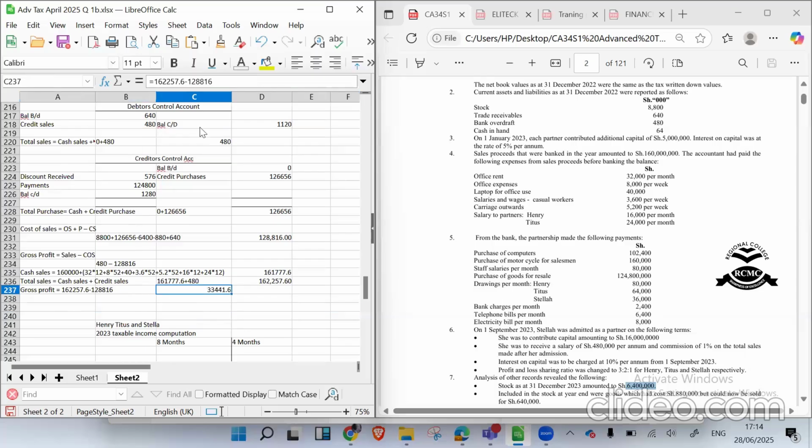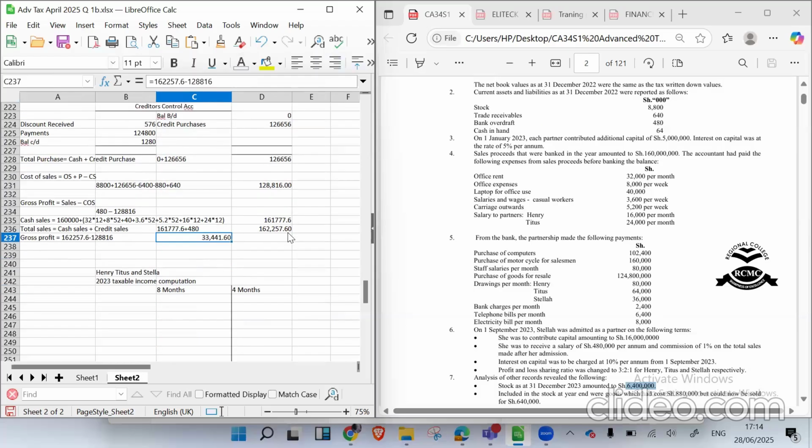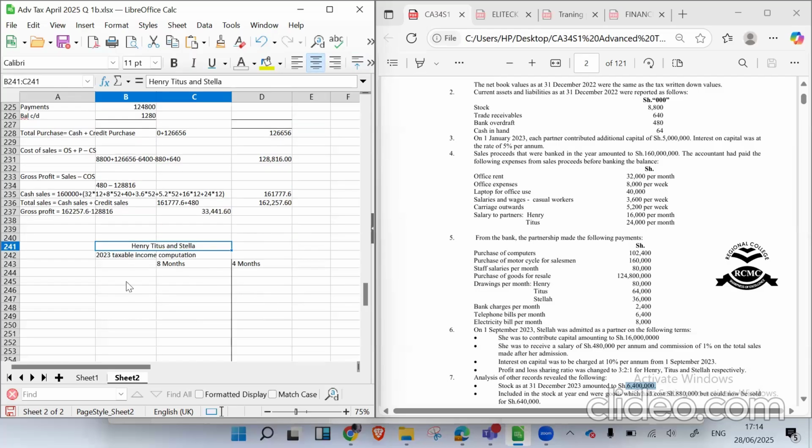Sasa ukishafika hapo, hiyo swali umeilegeza sasa. Once ukishang'ang'ana ukapata gross profit, to me I always consider that question is as good as done. Now you can now prepare your accounts well. So for 8 months and for 4 months.